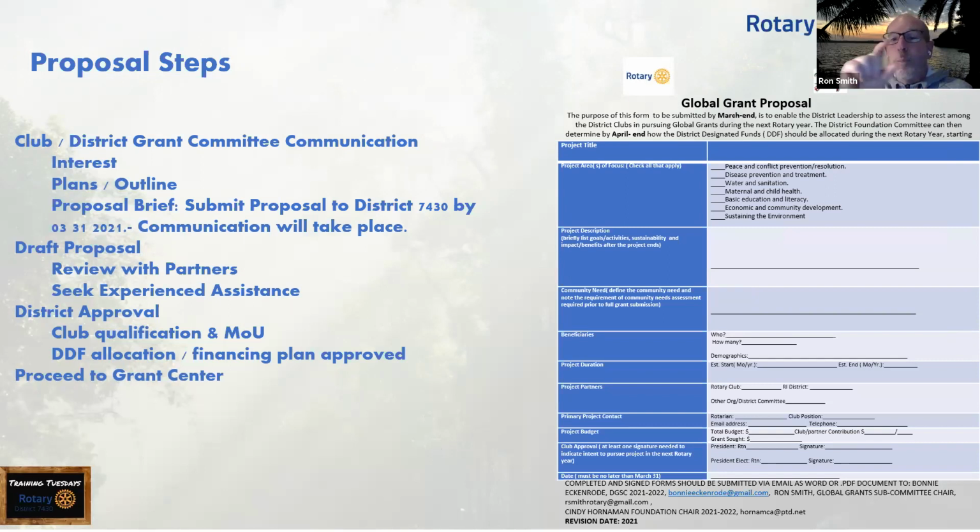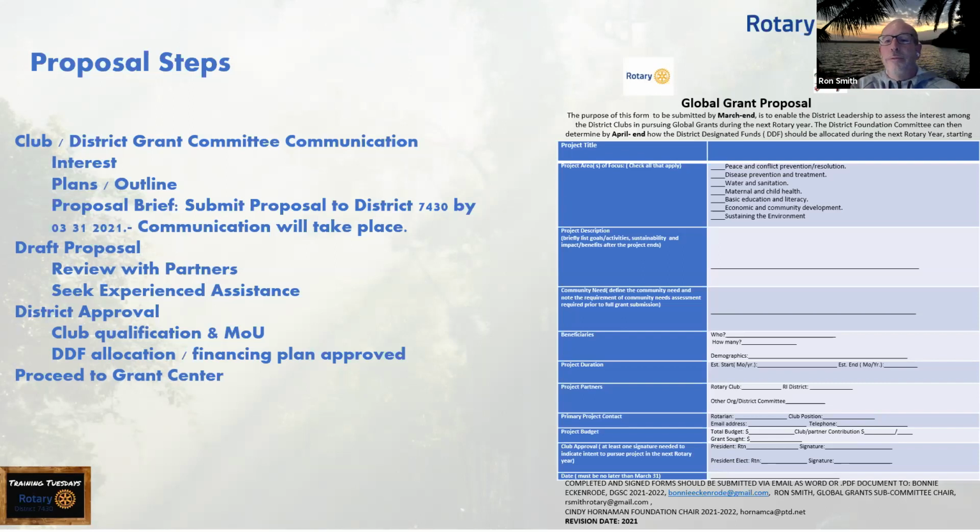It's a scope of work, a brief description: what's your area of focus, who's your host partner, what's the project size, how much DDF you expect you're going to be requesting, and then signatures of your president and president-elect for the expected funding year.